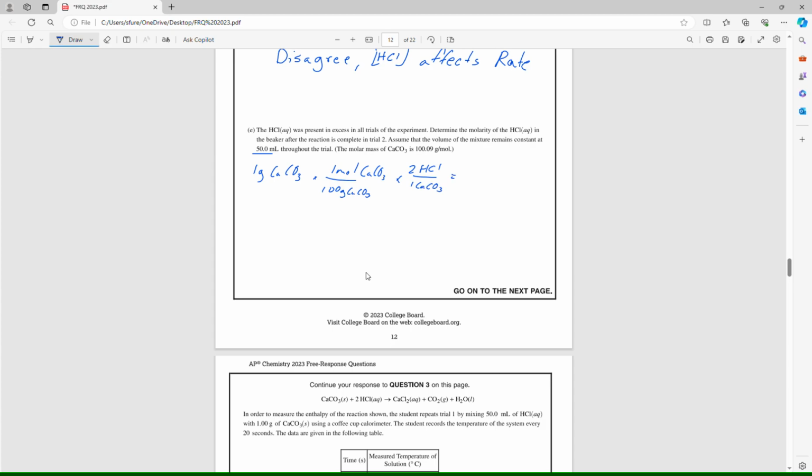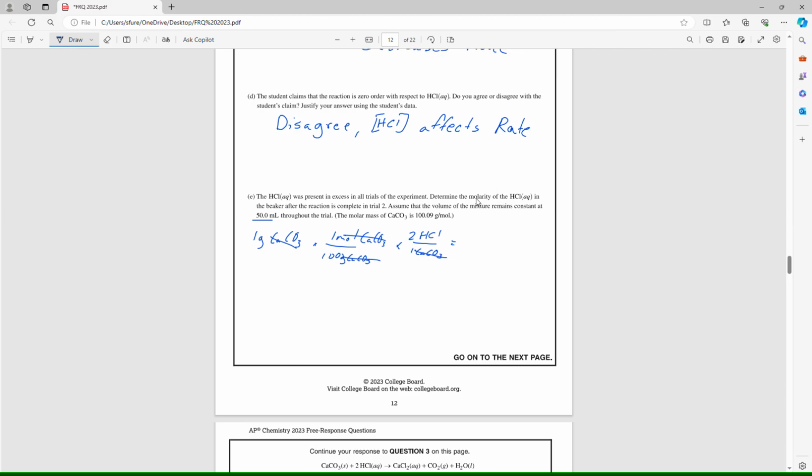So this gives us how much HCl reacted, the moles of HCl that reacted. So 1 divided by 100 is 0.01, and then times 2 is 0.02 moles of HCl. So this is how much reacted.